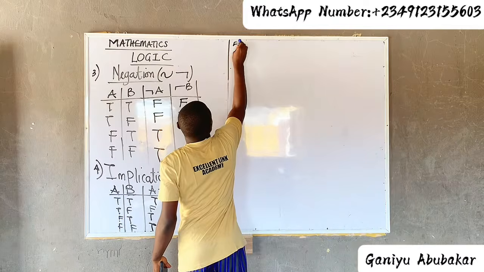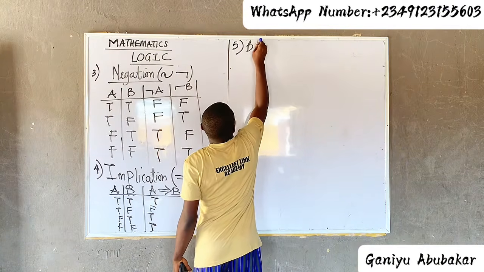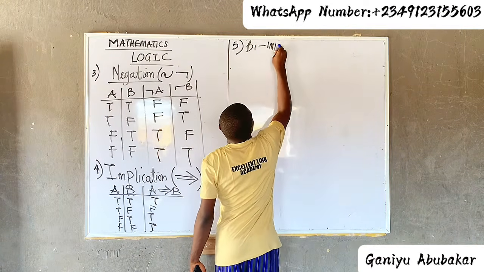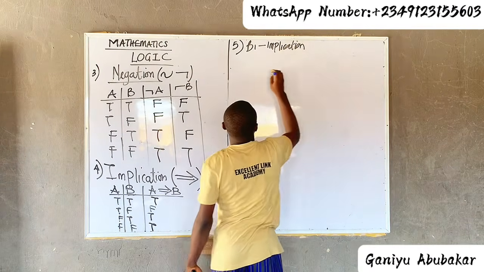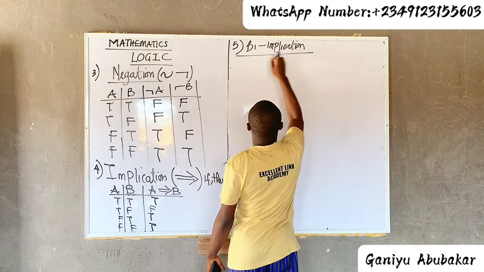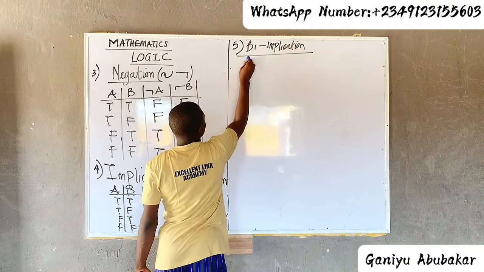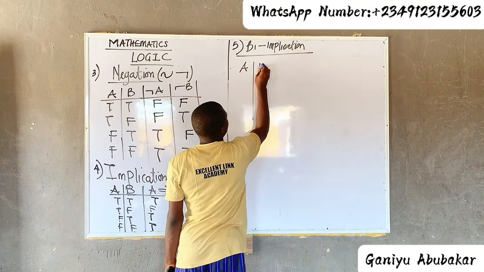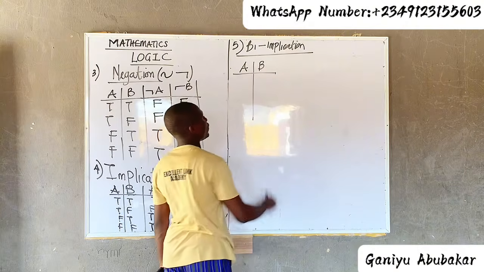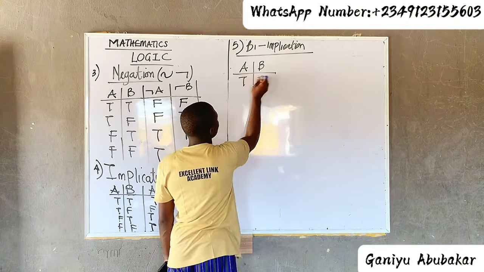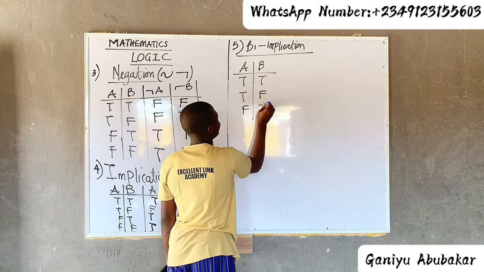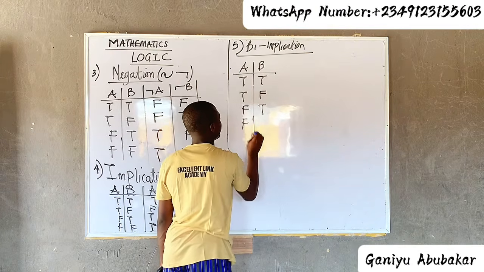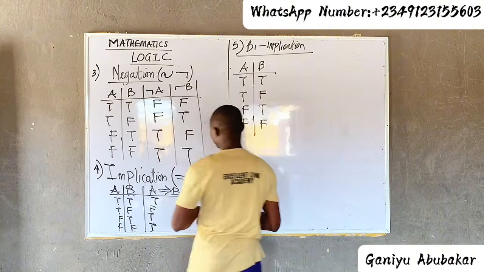Number 5 there is called biimplication. For this one, let's say I have two variables again, A and B. If I arrange this, I shall have true, true, true, false, false, true, and false, false.